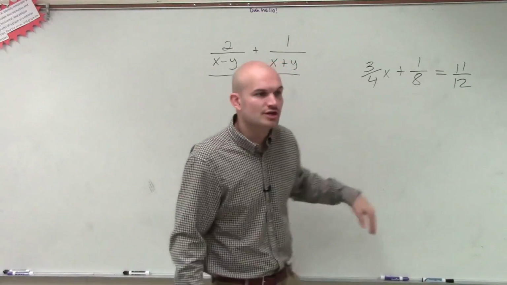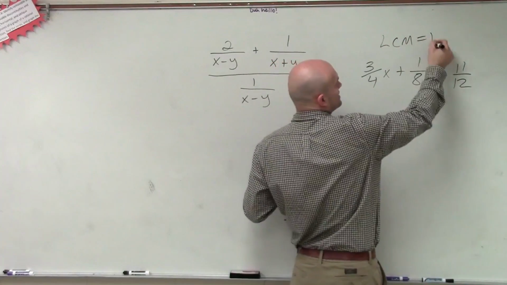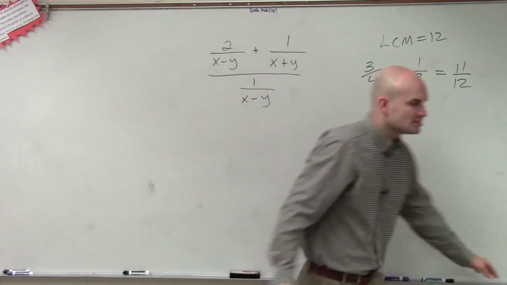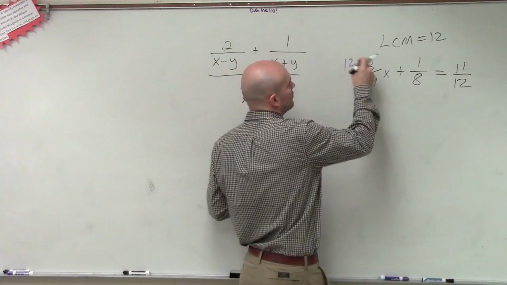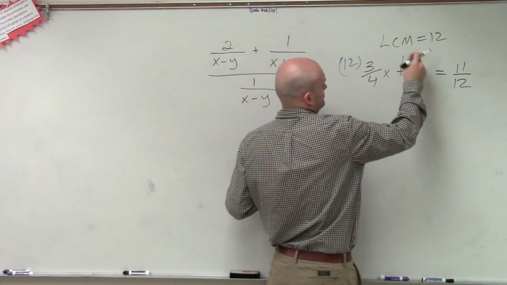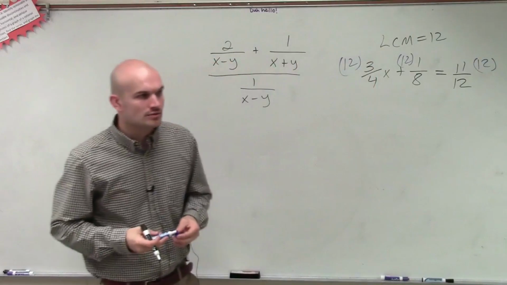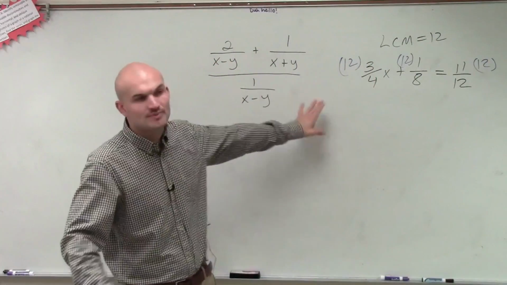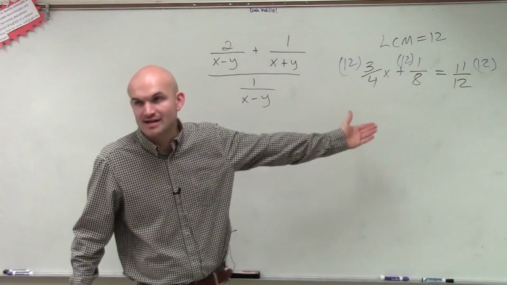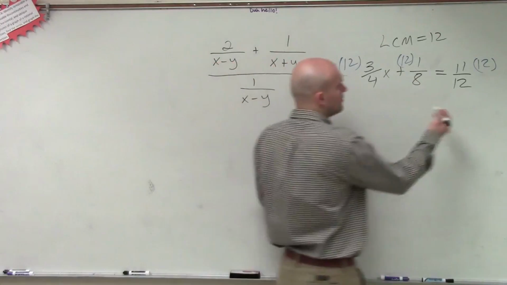No. But what you could do, if I said the LCM of all my denominators equals 12, is multiply every single term by 12. Is my equation still equal? As long as I do whatever I do on the left side, I do on the right side, is that good? Since I multiplied both terms by 12 on the left side and multiplied on the right side, my equation's still true, right? Okay, but now what happens?